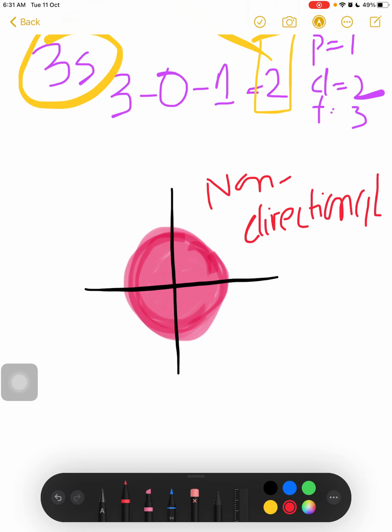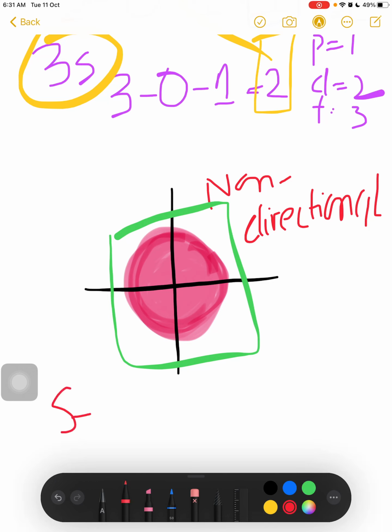You can look over here that it is equal in all directions. It is not moving in a particular direction. When we talk about the p orbital, it is directional because it moves in a particular direction, either in the x-axis, y-axis, or z-axis, whatever the axis is. But here it is non-directional.